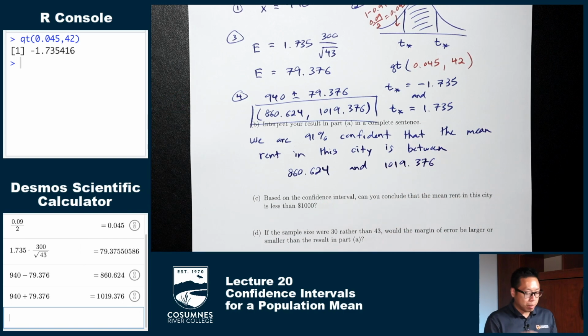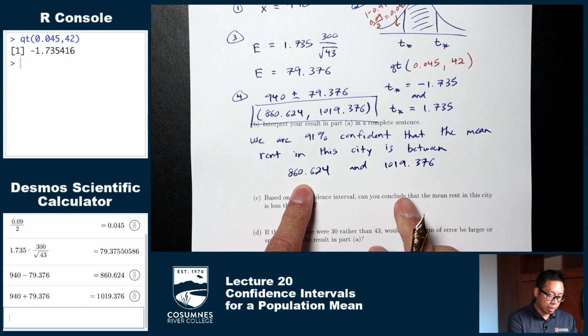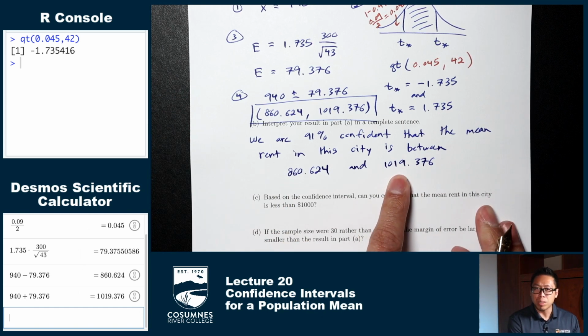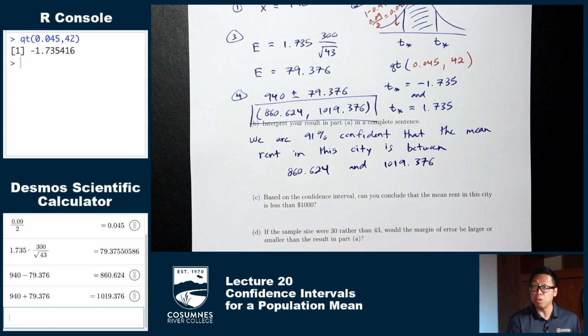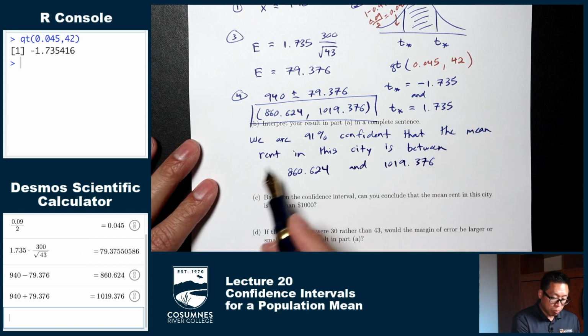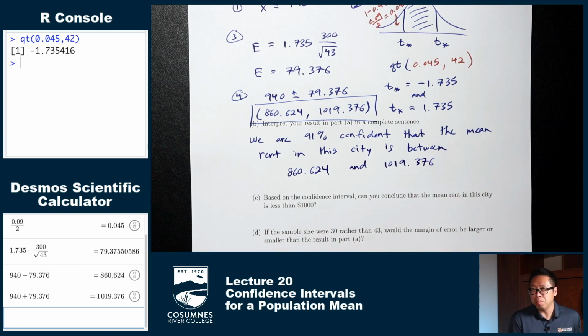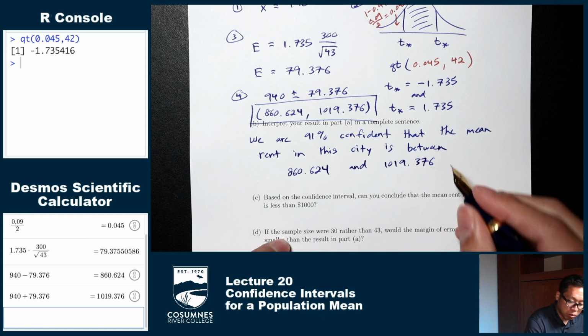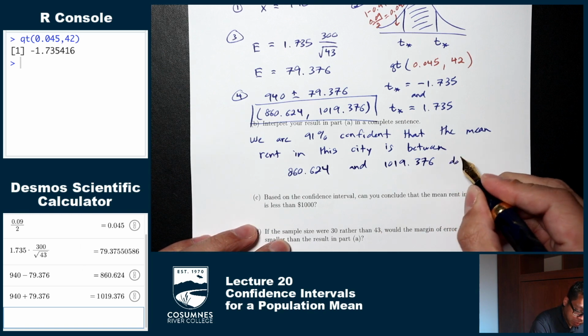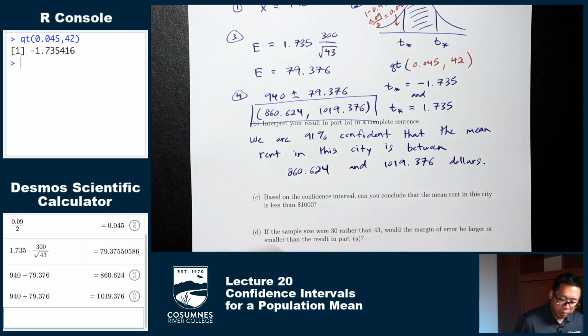And then I usually write what are these numbers? We're talking about mean rent, right? So the rent is money, dollars. So these are dollars. We are 91% confident that the mean rent in this city is between $860.624 and $1,019.376.